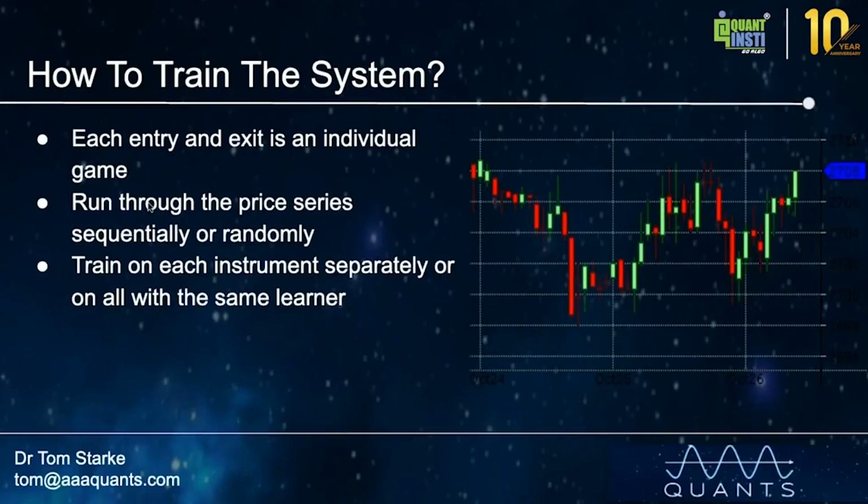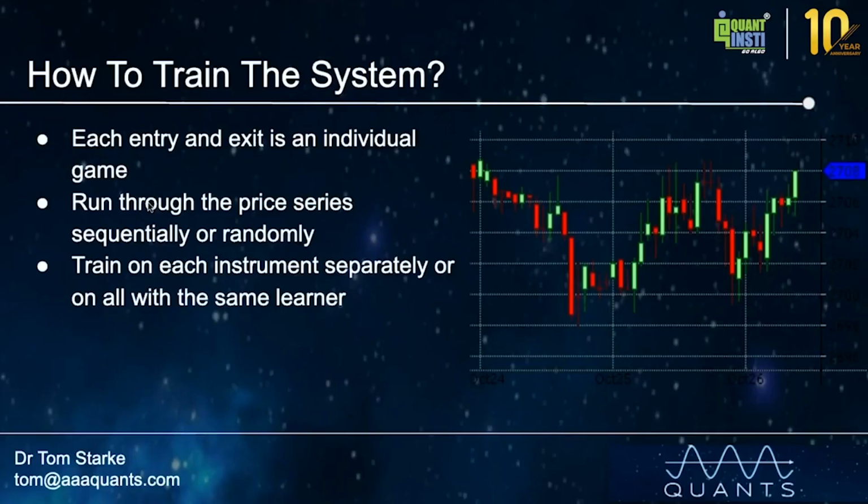Another way to do this, rather than stepping through time sequentially where the machine learns, is to take our training price series and randomly enter at some point in this price series, play a game, and then exit, and then randomly enter the price series at a different point, run another game, and then exit, and so on.